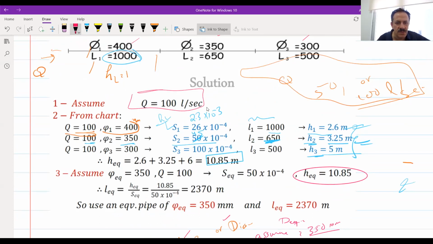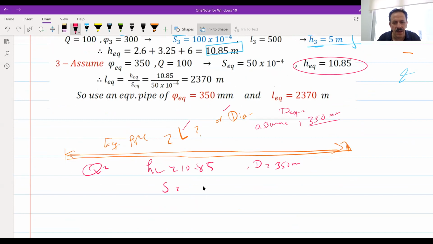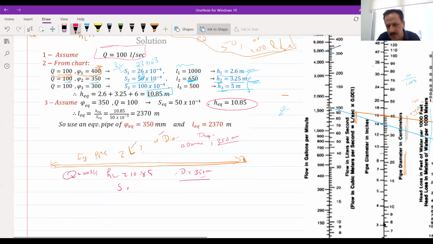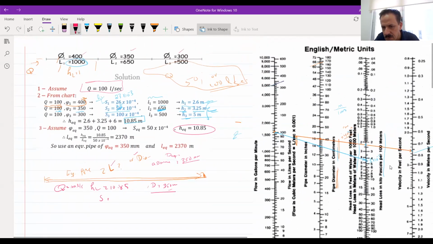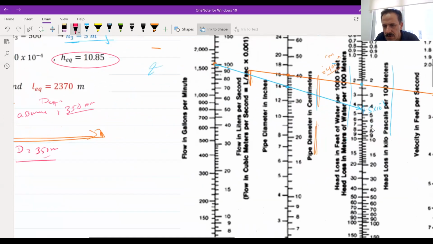So I have this 100 and I have the diameter. When you have the Q of 100 liter per second and the diameter, here's the 100 and here's the 350. You will see the pipe, the HL for the new equivalent pipe.